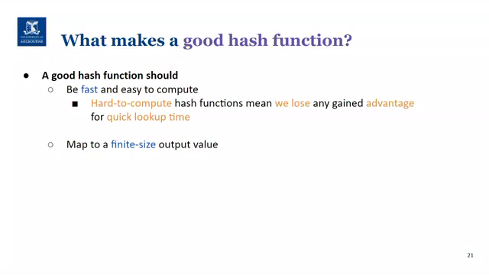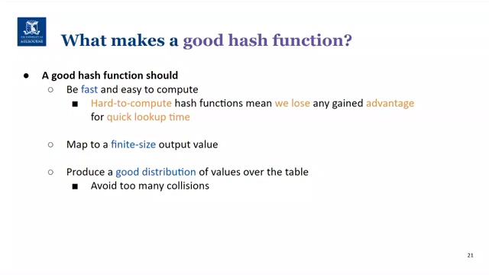We would like our hash function to map to a finite size output value. We would also like it to produce a good distribution of values over the table, to avoid as many collisions as possible, because collisions, as we're going to see, deteriorate the performance of our lookup time.